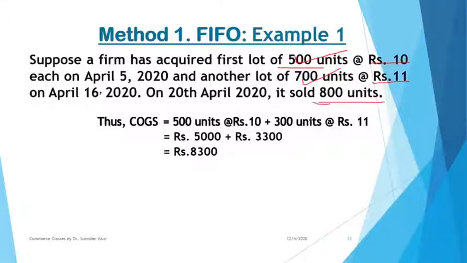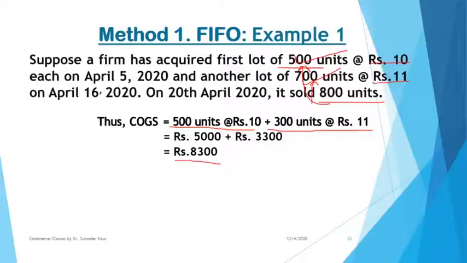So out of this 800, we can say that 500 units will be from the first lot, and you still have a gap of 300 units. So for that sale of 300 units, you will be utilizing the second lot. So in a way, cost of goods sold is 500 units, that is first lot fully used for sale, and then only you will be using the next lot. So in a way, your cost of goods sold is 8,300 rupees.